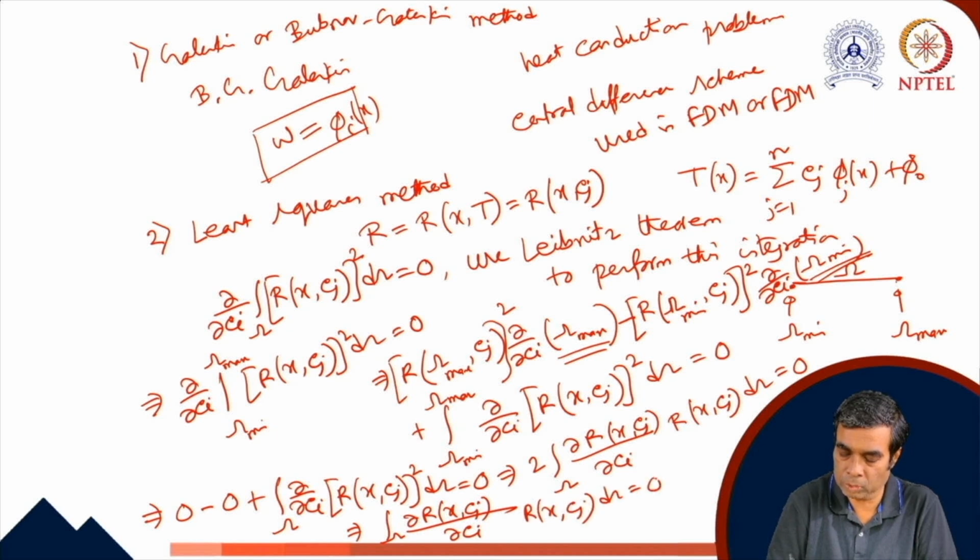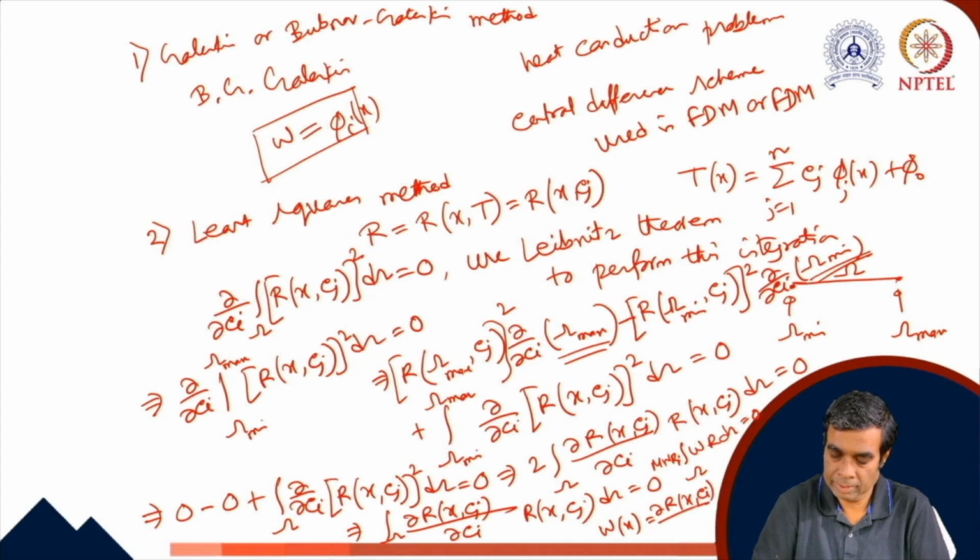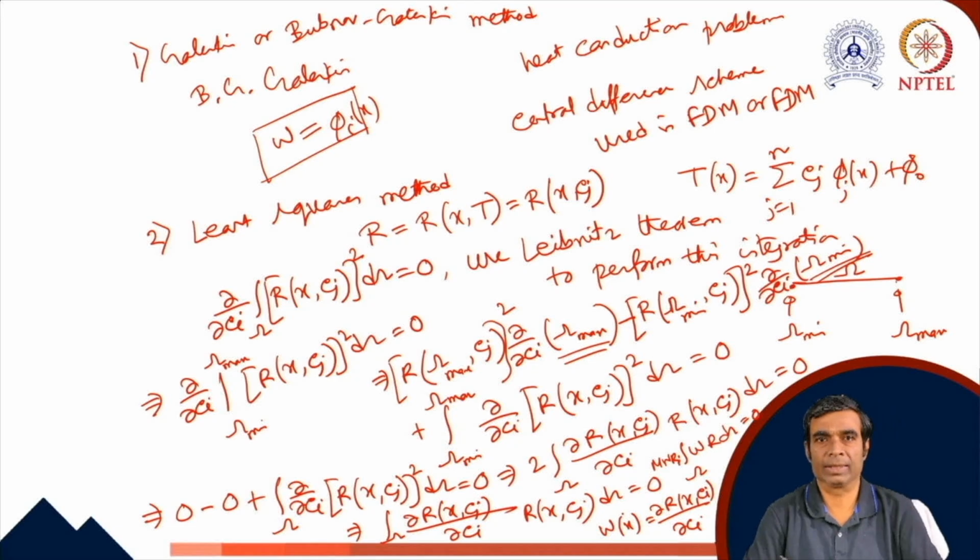Comparing this expression with the basic expression of the integration of w r d omega equals 0 over omega for the MWR statement, we understand that w(x) equals del r(x, ci) del ci. So we calculate the weight functions for the least squares method by using this expression, by using the derivative.